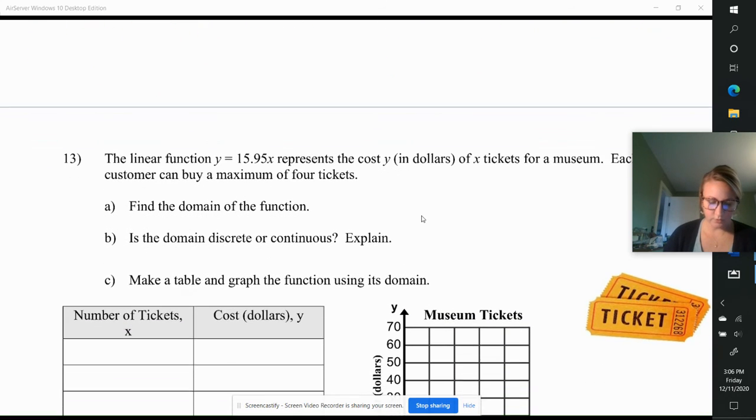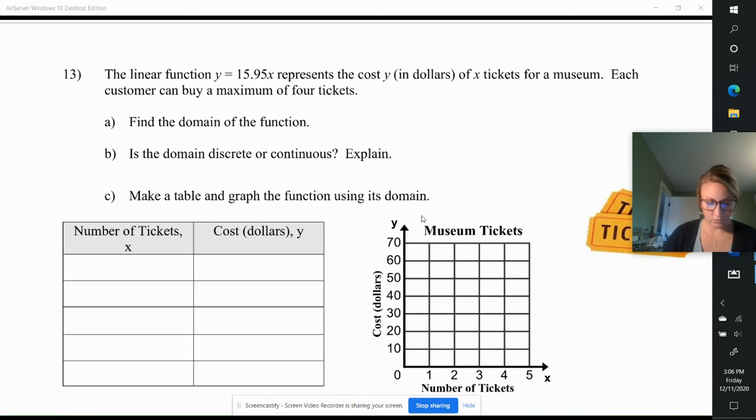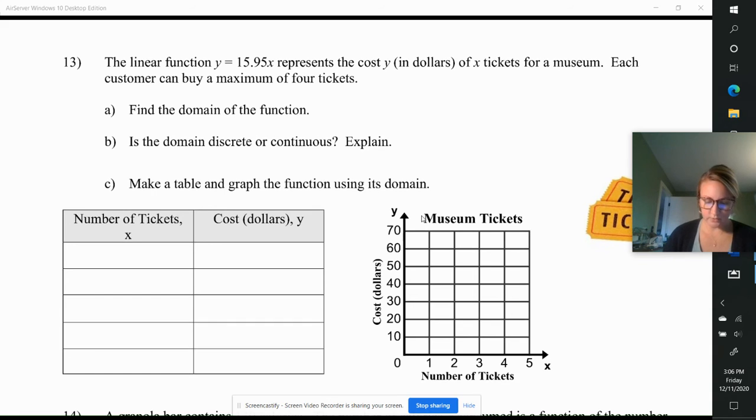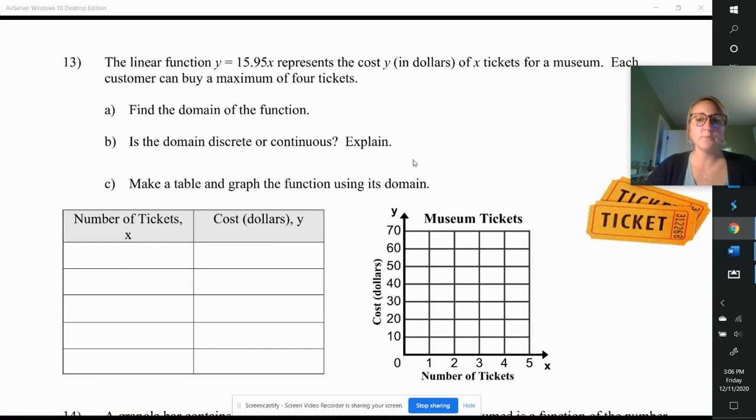So let's just go through two examples. One discrete, one continuous. We'll express the function as a table, express it as a graph, and chat about the domain. The linear function y equals 15.95x represents the cost of x tickets for a museum. Each customer can buy a maximum of 4 tickets.